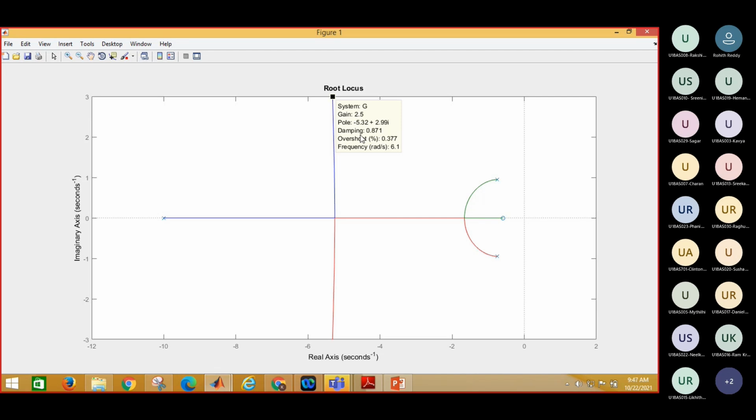Okay. Now we sketch the root locus for your outer loop. Then we check your amplifier gain. So when this rate gyro sensitivity value is 2.5, my damping is 0.871.